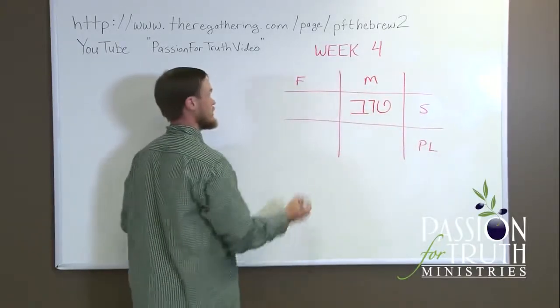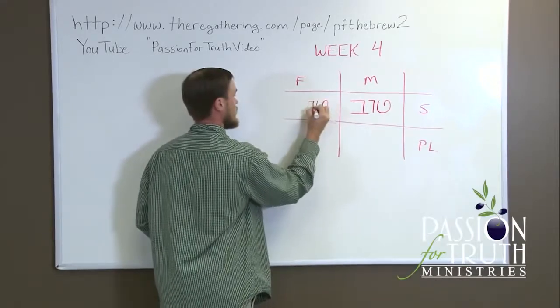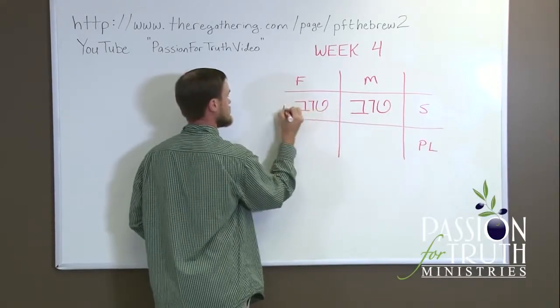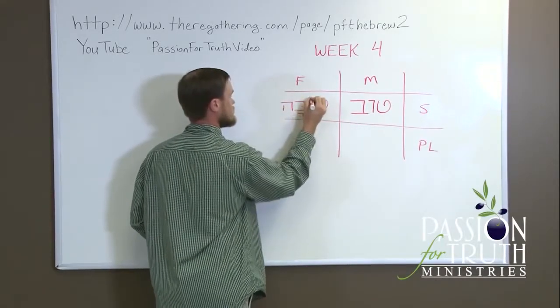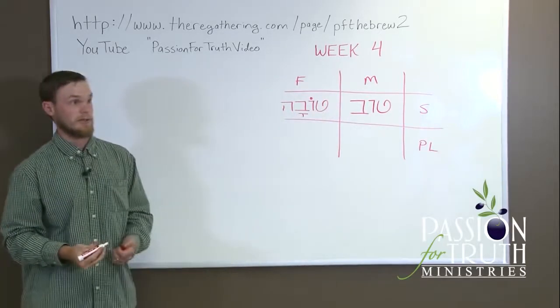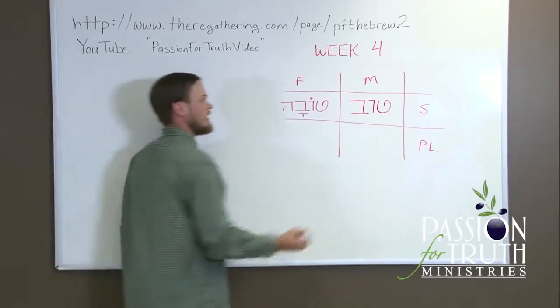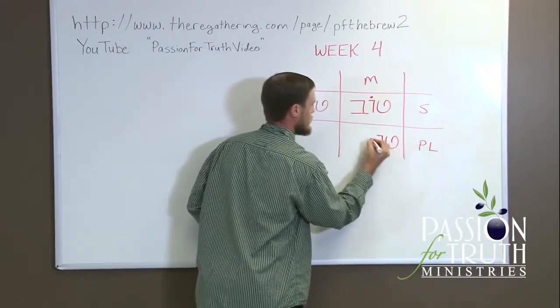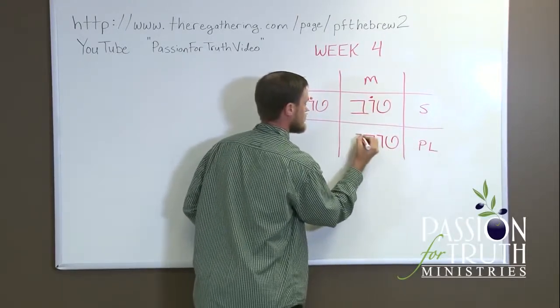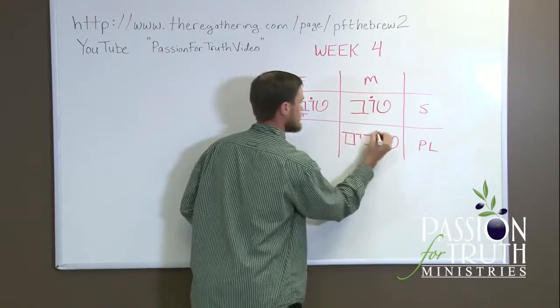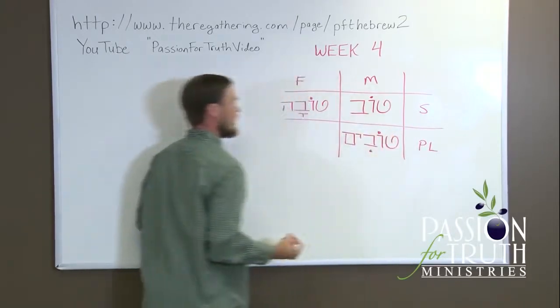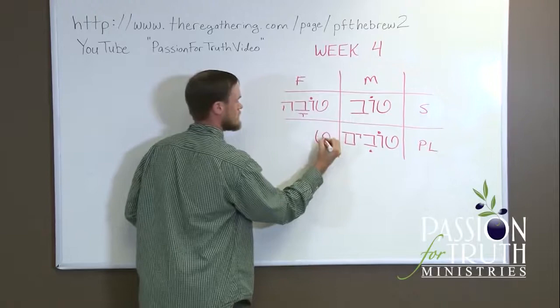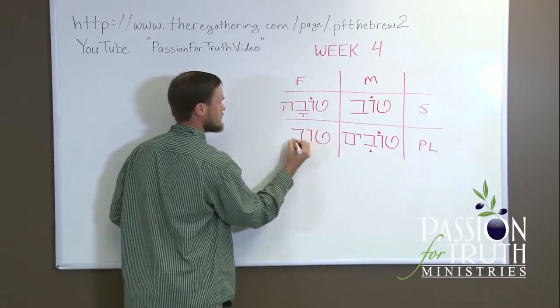tov. It has the feminine singular form, tova, just adding our comets. Masculine plural is tovim. And feminine plural is tovot.